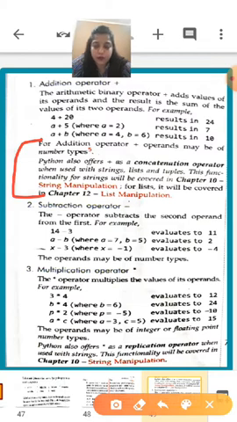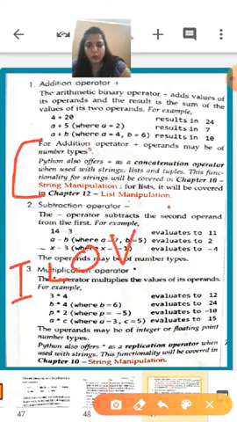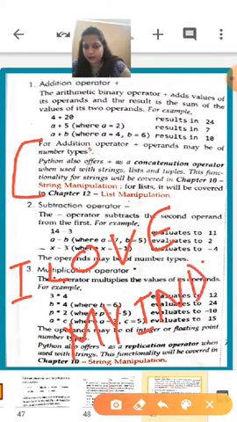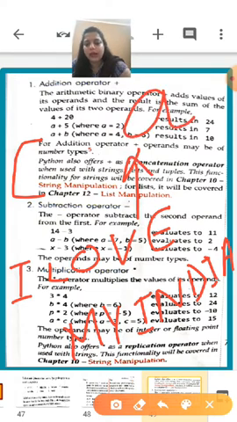Python also offers plus as a concatenation operator. Now concatenation means, let me give you one example. If I have "I love" as one string and "my India" as another string, "I love" is stored inside the a variable and "my India" is stored in the b variable.